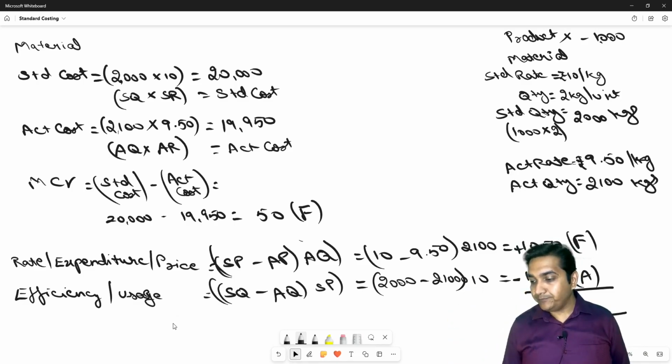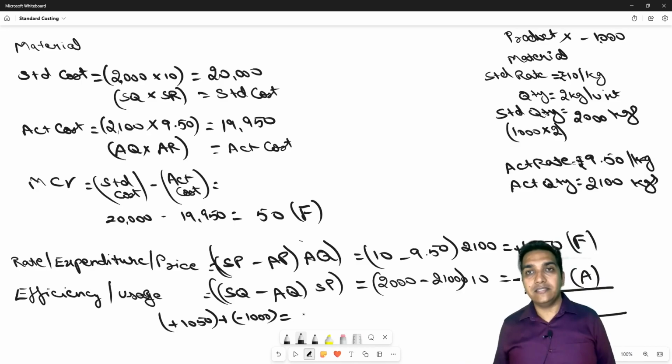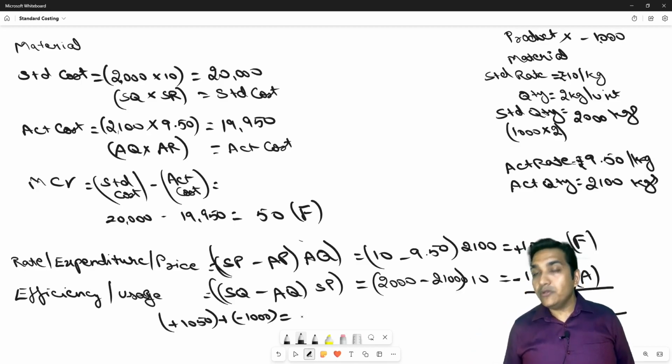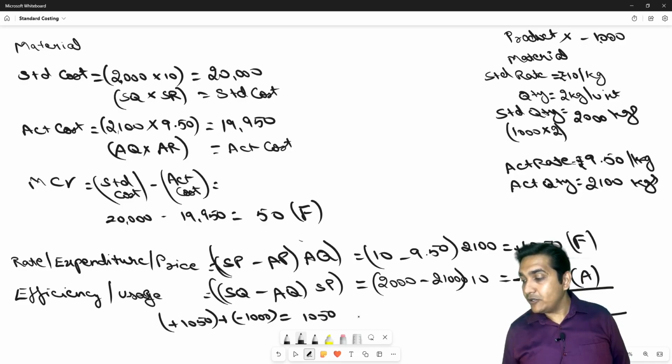So plus 1050 plus minus 1000. What will be the answer to this? Using your basic BODMAS rules, you will have 1050 minus 1000. Plus into minus becomes minus, and this comes to 50.